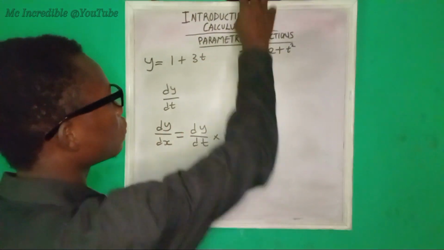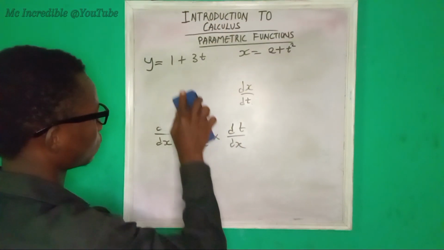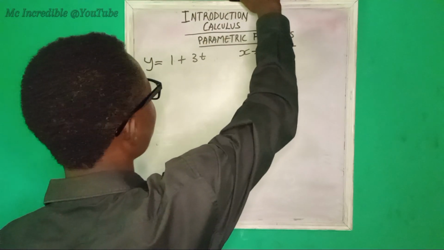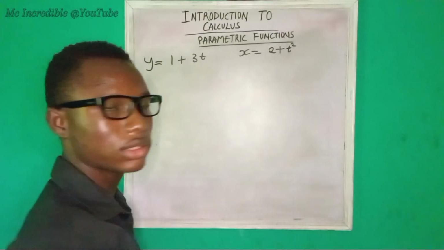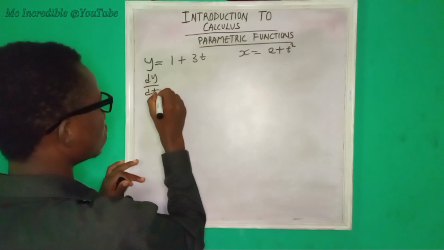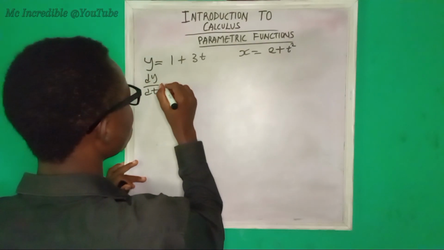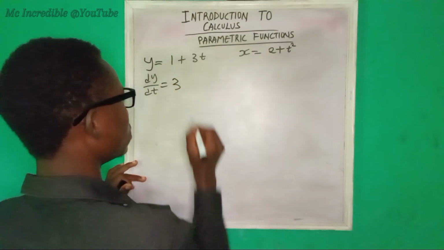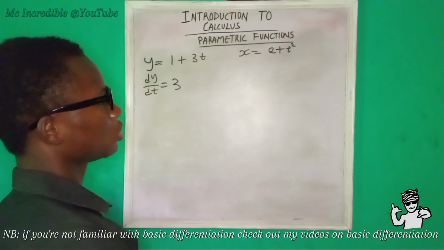So now let me solve this question. First of all, we are going to find dy/dt. dy/dt is equal to, this is 0 and this is 3, so dy/dt is equal to 3.